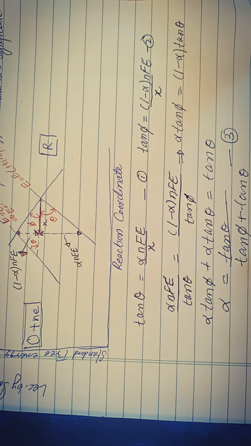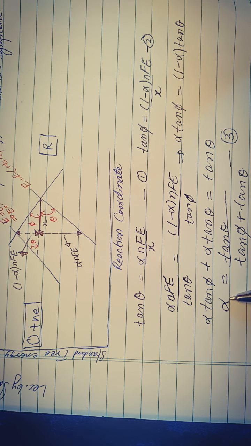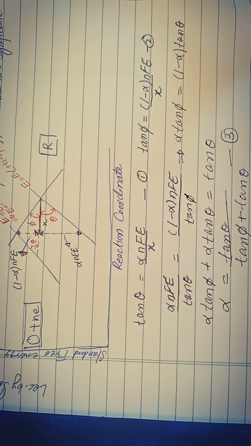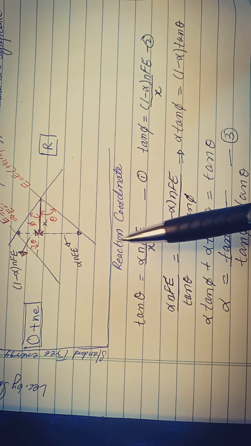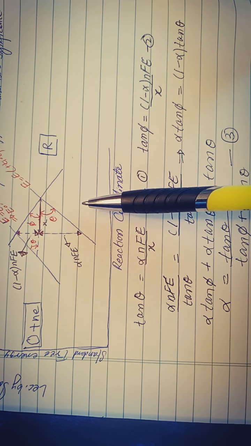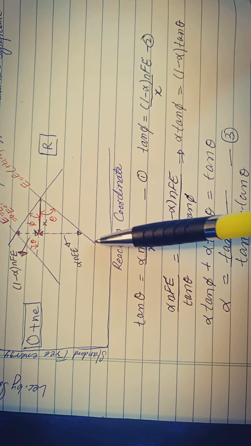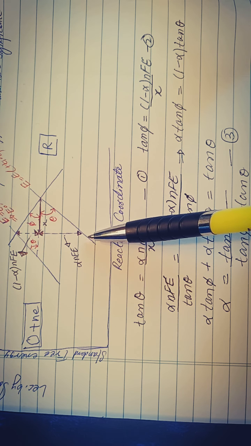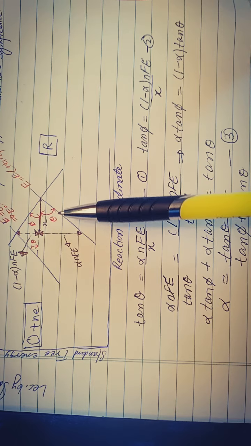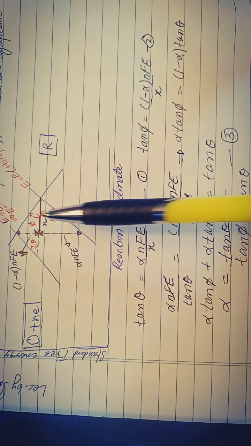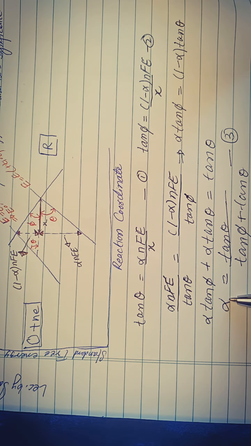From this expression we can calculate the value of alpha for any free energy curve using the intersection of free energy curves with application of the potentials, whereas we need to measure only two angles for the calculation of this alpha.